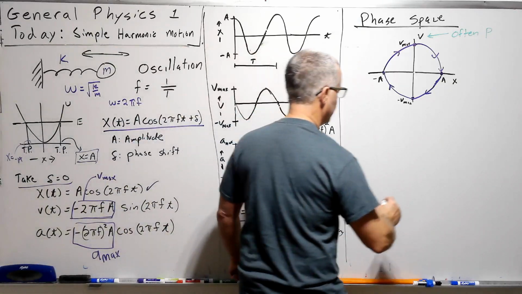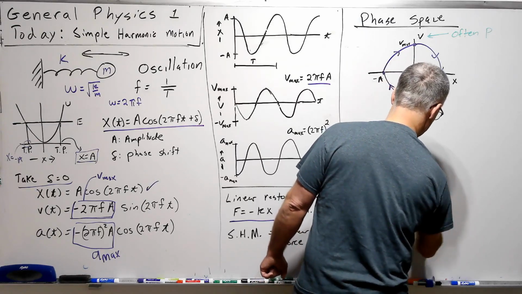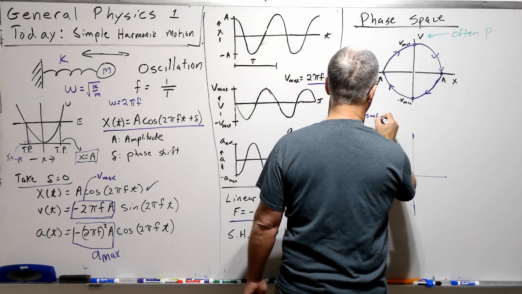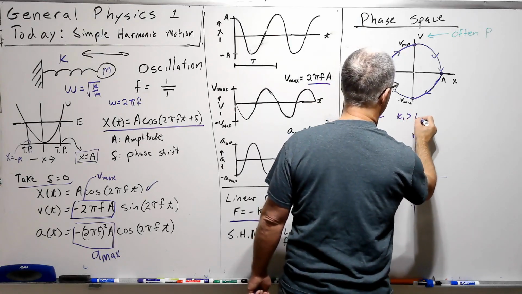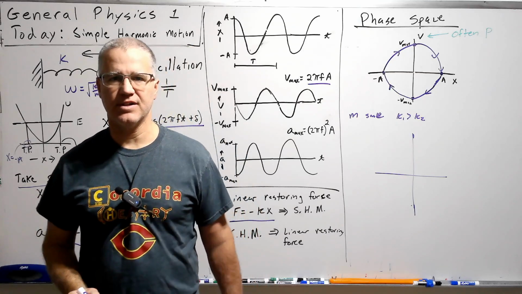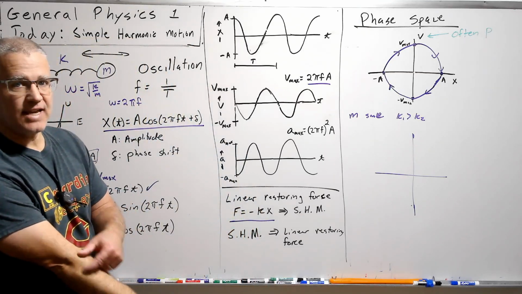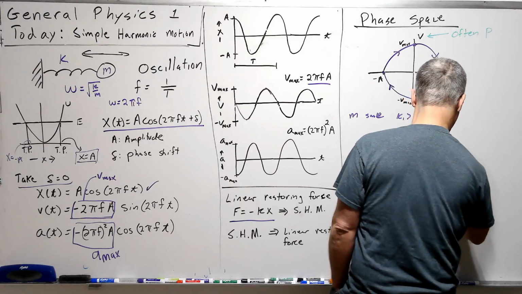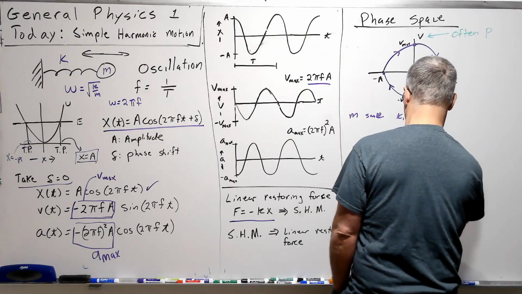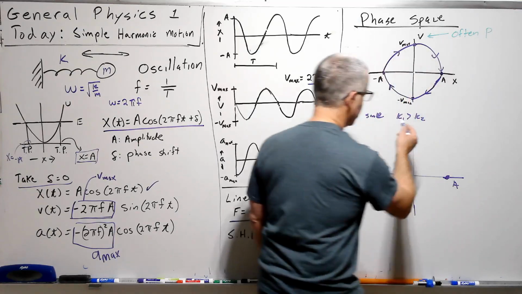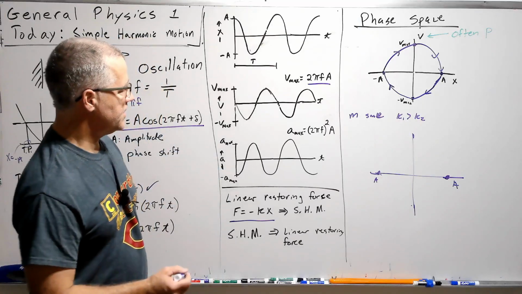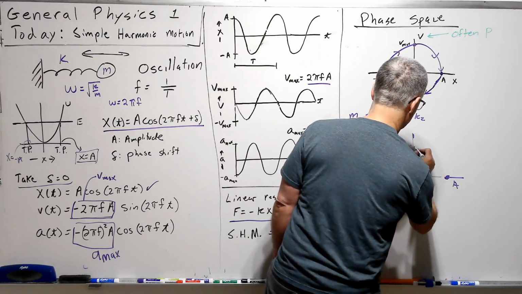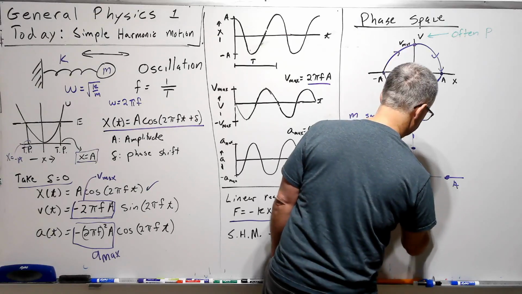Let's try to plot two cases. Let's say the mass is the same, and we have K1 greater than K2. Right? K1 is greater than K2, and we're going to pull it back to the same distance, the same amplitude. So let's do both simultaneously.